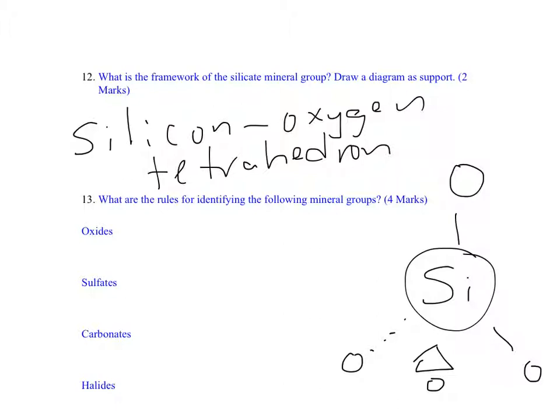So that is a 2-dimensional representation of a 3-dimensional silicon oxygen tetrahedron. Remember, there's 4 oxygen for every 1 silicon because of Ottawa Senators. So Ottawa stands for oxygen at 46.6%, and Senator stands for silicon at 27.7%.